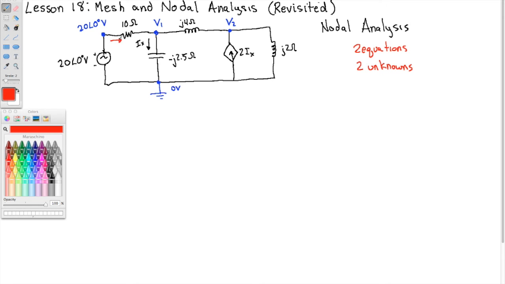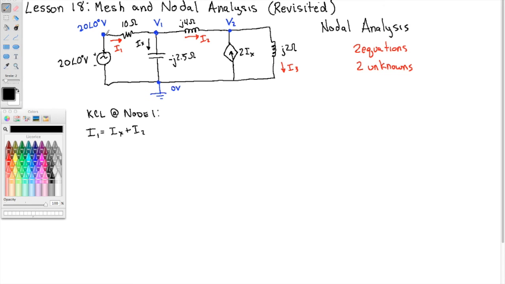I'll pick this current that goes this way, call that I1, this current going this way, call that I2, and this current going this way, call that I3. Now if we do KCL at node 1, the current coming in is I1, and the currents leaving are IX and I2.